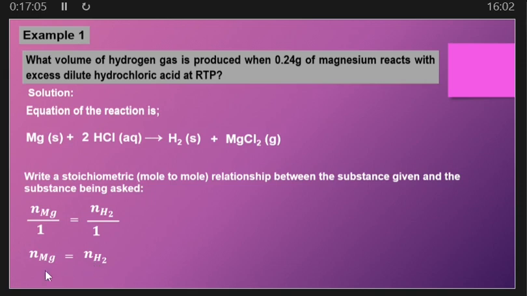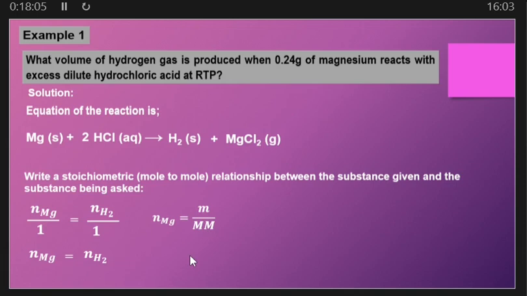So how do we find the number of moles of magnesium? We are given 0.24 grams of magnesium, so we can find the number of moles by this formula: number of moles of magnesium is given by m, which stands for mass, divided by capital M, which stands for molar mass.